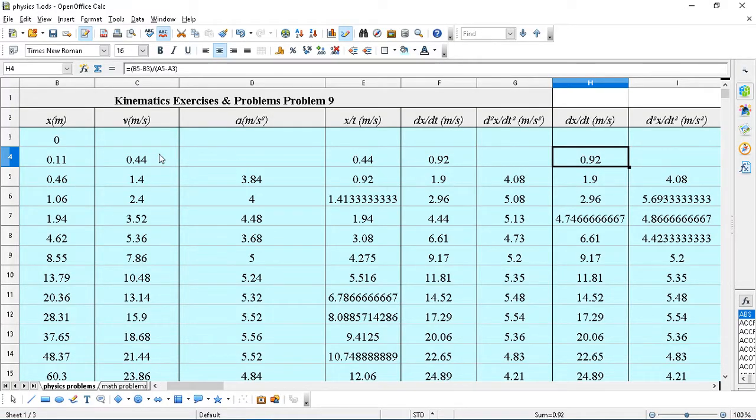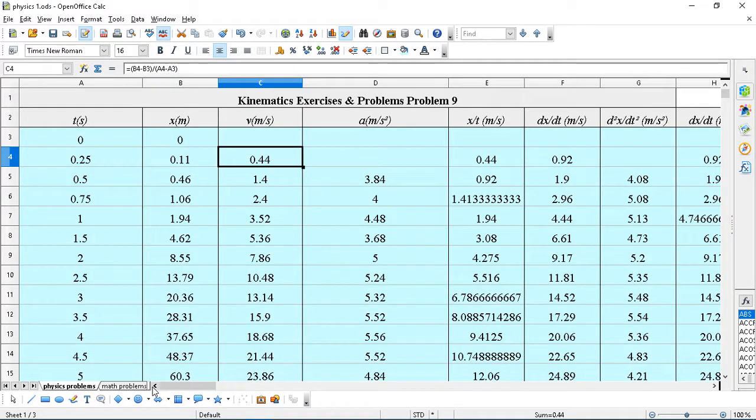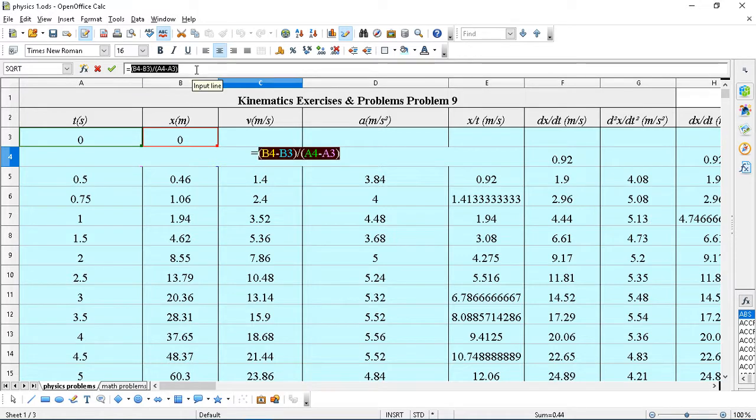Okay, so here we have the calculations as they are performed in the spreadsheet. First of all, since we're using formulas to perform the calculations, we must always write down the equal sign first, otherwise this text will be considered only as text and not as a formula.